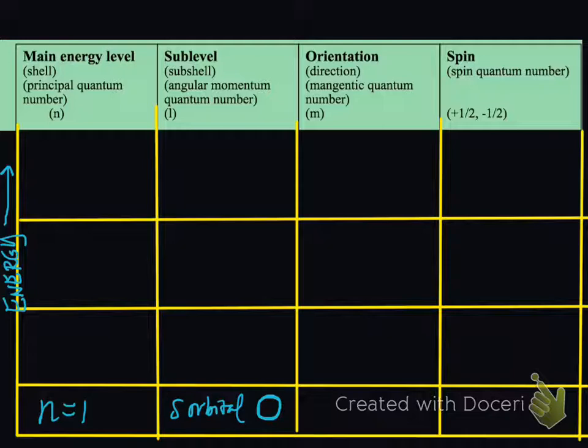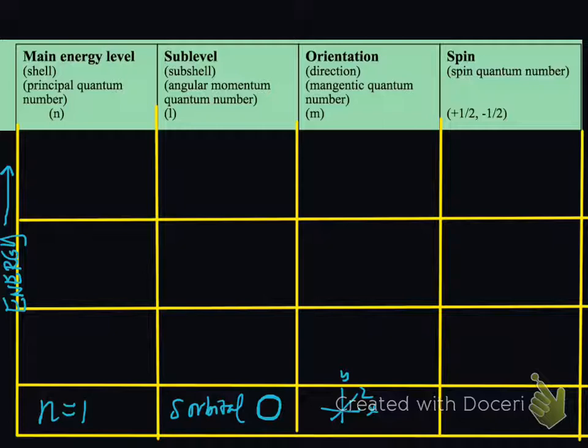Now, if you imagine a beach ball, and you imagine a Cartesian coordinate system, a little axis with an x, a y, and a z axis, it doesn't matter how you rotate that beach ball around those axes, it's going to look exactly the same. Well, guess what?